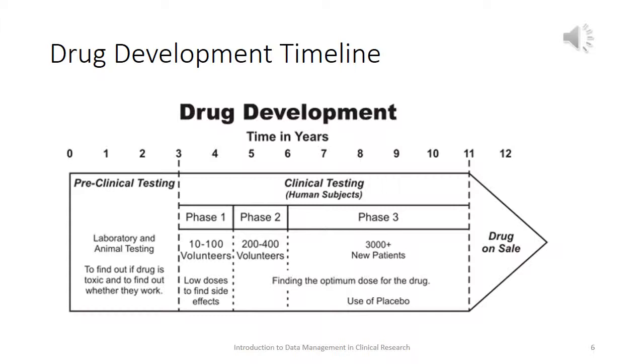So this gives you an idea of the timeline required, and you can see it takes generally 11 to 12 years or longer for a drug to go through all of this testing, all of this series of research, before the drug is able to be approved to be given to patients.